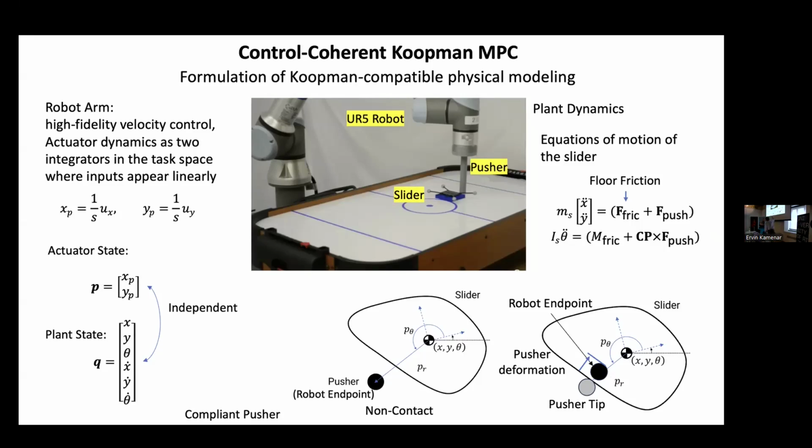So XP, YP are the actuator side state variables, and then there is the plant side. This slider consists of 6 state variables. When the pusher is not in contact with it, these are two independent systems, but when in contact, they are dependent. But we assume that the pusher is somewhat compliant, and then we can resolve this conflict. And the rest of the part is the slider dynamics, the dynamic equations.